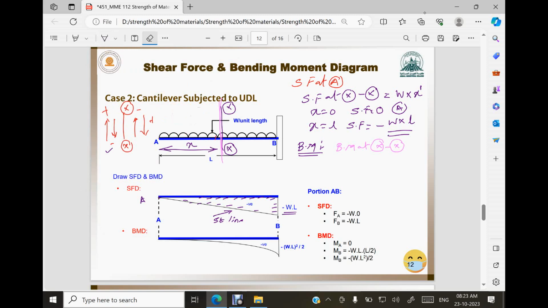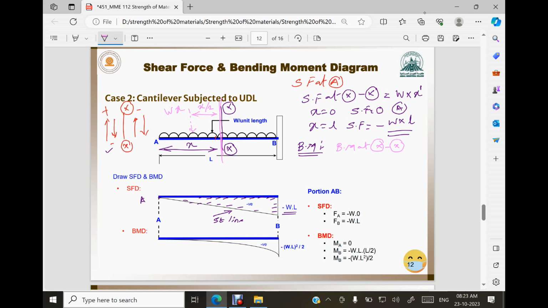Just to show you neatly. Right. So now I'm going back here. Where this weight W into X is acting, we believe that it is acting through the middle point, is it not? WX. What is this distance? X divided by 2. Because we have said the length is X, is it not?